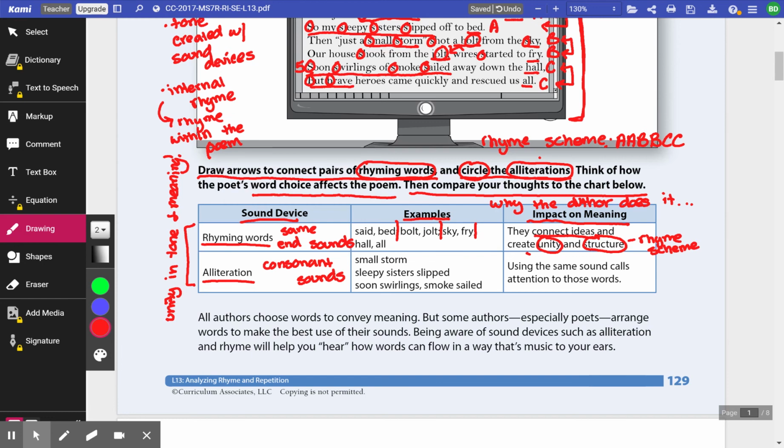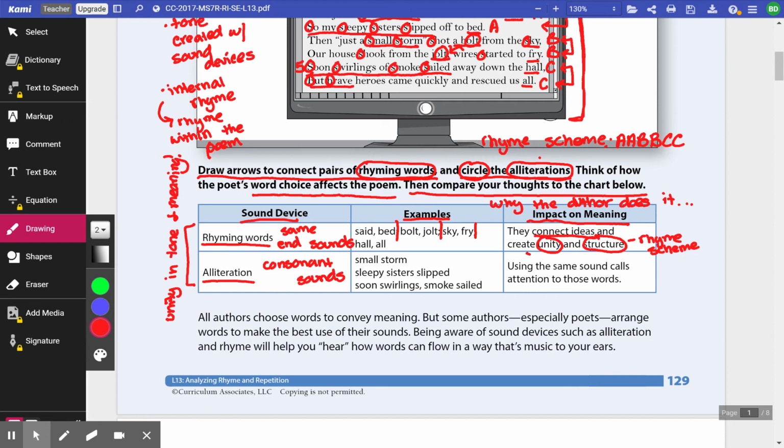Whenever we filled out our poetry tree, we talked about how those rhyming words help make connections. There's something connecting them together. Those ideas are connected by the rhyme. So that's why we have to think about how rhyme connects ideas and helps establish unity.